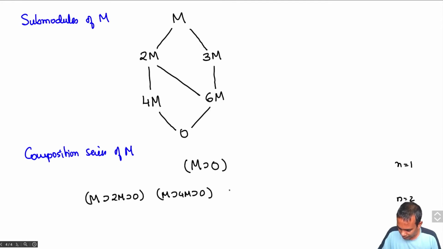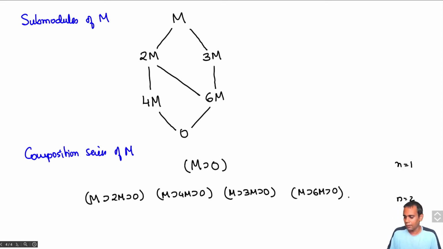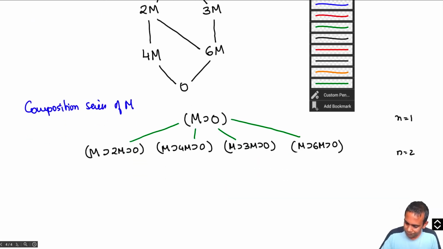You can take M contains 3M contains 0. And you can take M contains 6M contains 0. So these are the composition series with 3 terms, or n equals 2. And I'll just draw a line to indicate that each of these refines the trivial composition series M contains 0. And now we have the next stage where n is equal to 3.